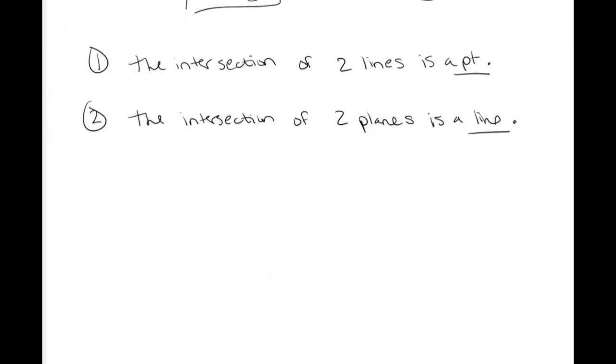And the other is that the intersection of 2 planes is a line. All right, so the heart of this section is going to be trying to get you guys to identify and name points, lines, and planes, and then look for these intersections.